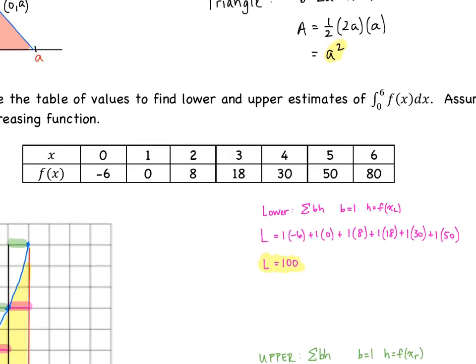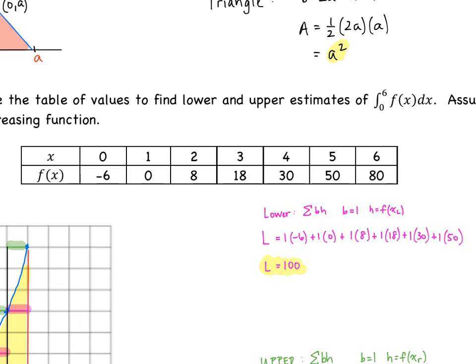And if we're looking at our table of values, the left-hand x values are going to stem from, this is going to be our first, this is our second, our third, our fourth, our fifth, and our sixth value for the left-hand values there. So our base is always 1. The rectangles all have the same base. So 1 times negative 6, 1 times 0, plus 1 times 8, plus 1 times 18. Our fifth one is 1 times 30, and our sixth is 1 times 50. So when we add these all up, we get the lower estimate to be 100.